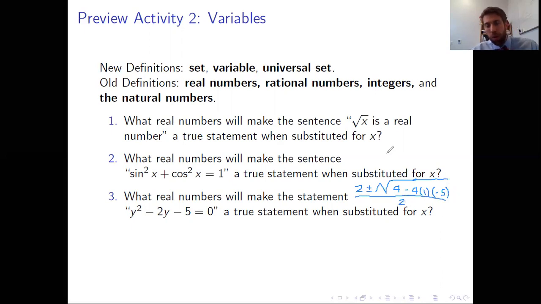And that's going to simplify to be 1 plus or minus square root of 6.